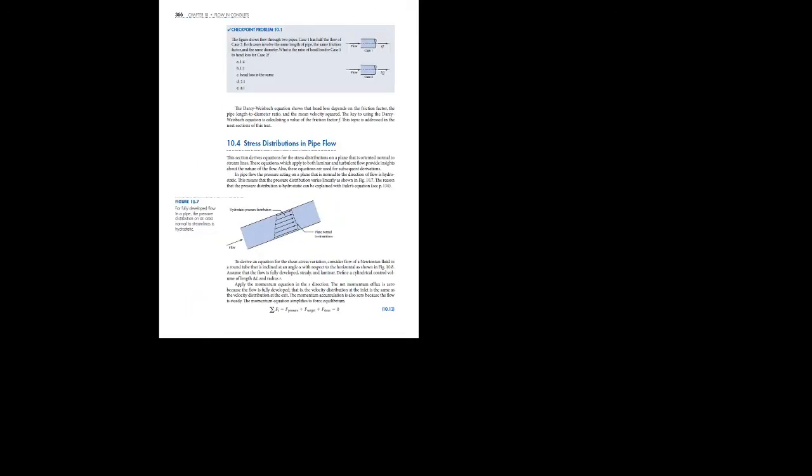This is just for your information. The most important thing is this final form: head loss equals friction factor times L by D times V squared by 2G. This is the Darcy-Weisbach equation, the most important equation in this chapter. There is another important equation, I will show you later on.